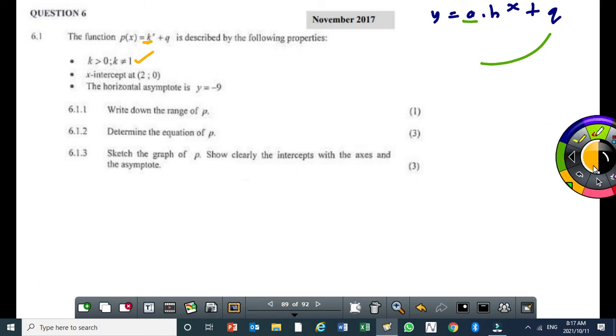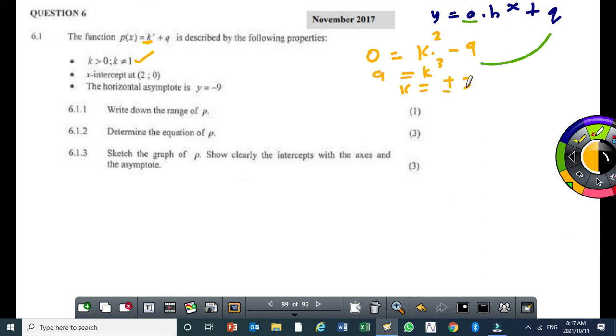Let me substitute the x-intercept: y is 0, where there is k I'll put k, where there is x I'll put 2, and where there is q I'll put minus 9. If I simplify this, I'll get k squared being equal to 9.